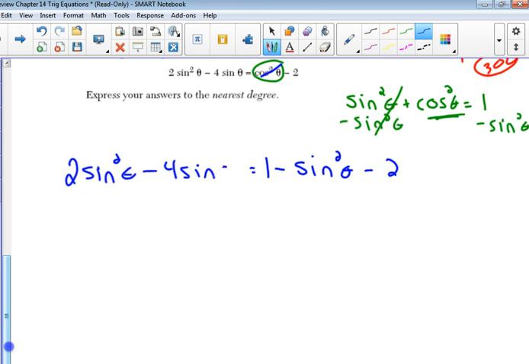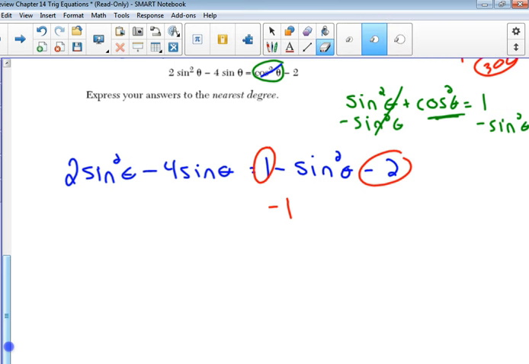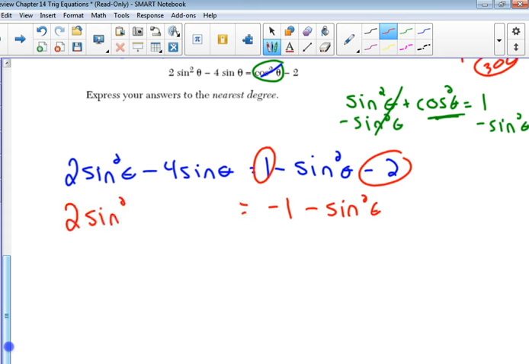Is the 1 minus sine squared theta connected, or can you combine like terms? Now you can combine your like terms. When you sub it, it's connected, but there's no distribution out in front or anything going on, so now you can combine it. If you combine those, you're going to get a negative 1. Your highest exponents here are squared, so let's make sure you get everything to 0 first before we try any kind of factoring.